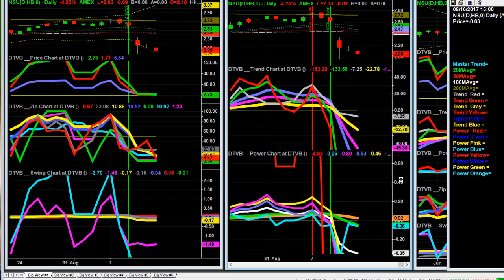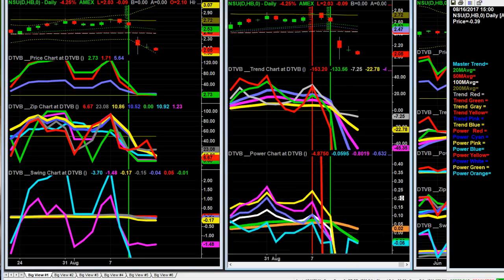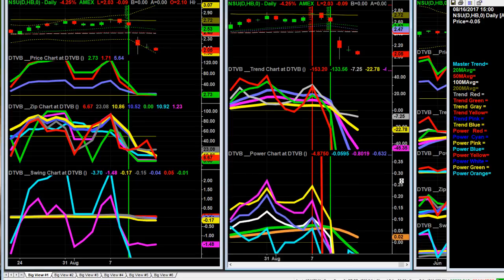The situation there on the red vertical line is that power yellow is highest, and so that's a good situation to be in. Power Zion is up touching the power orange line, which tells us it's going down. So we've got a lot of up touch situations inside of this thing.